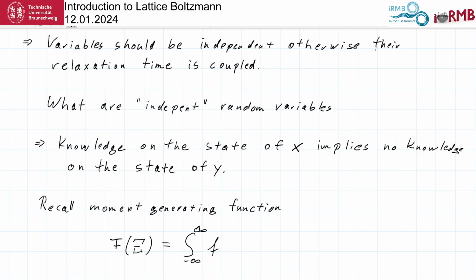It has the same meaning, it's just a little bit differently written. So we have the Laplace transform of the velocity distribution function, by the power of xi times capital Xi, where xi is the velocity and capital Xi is the Fourier transformed velocity, and this integrated over xi.